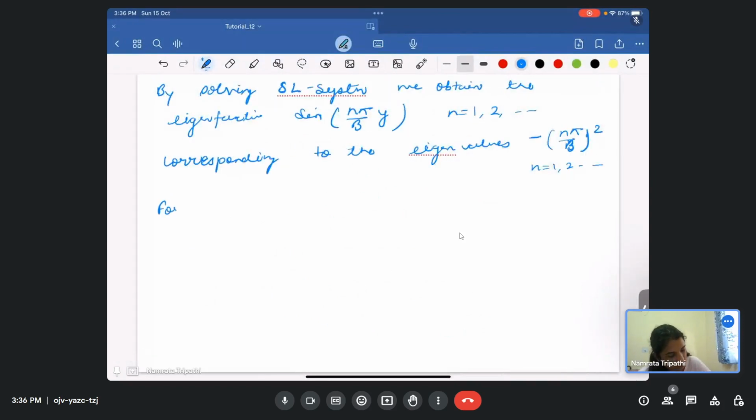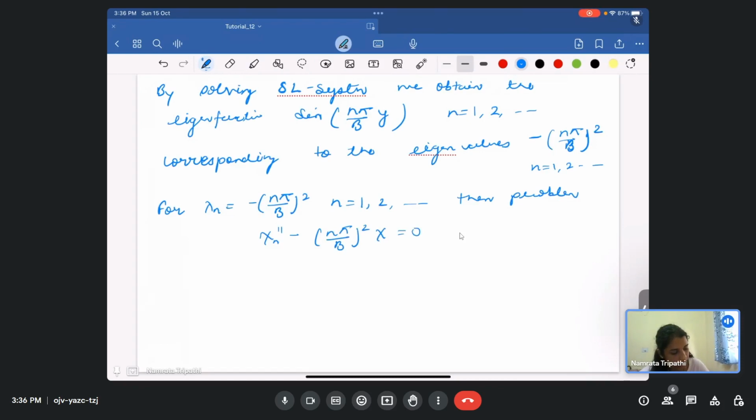For lambda, the problem, we will find the general solution for xn with the help of lambda. What will be the general solution for this xn?